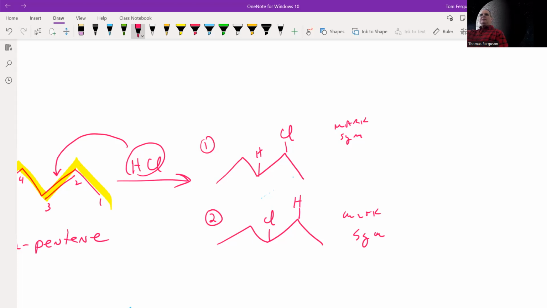It's just how it aligns across the double bond. Okay, so Markovnikov, we've got 3 H's, 3 H's. So Markovnikov really doesn't tell us much because there's 3 and 3.